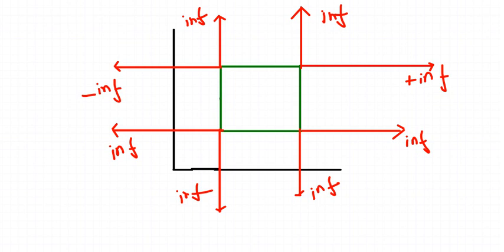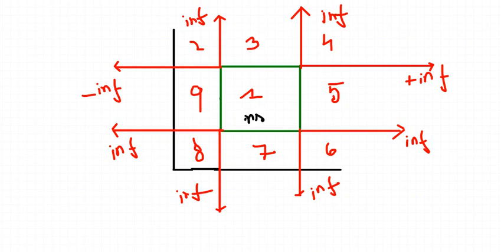How? Region 1, region 2, region 3, region 4, region 5, region 6, region 7, region 8, and region 9. Now, again, these 9 regions can be partitioned into 2 categories. Region 1 is basically an inside region.